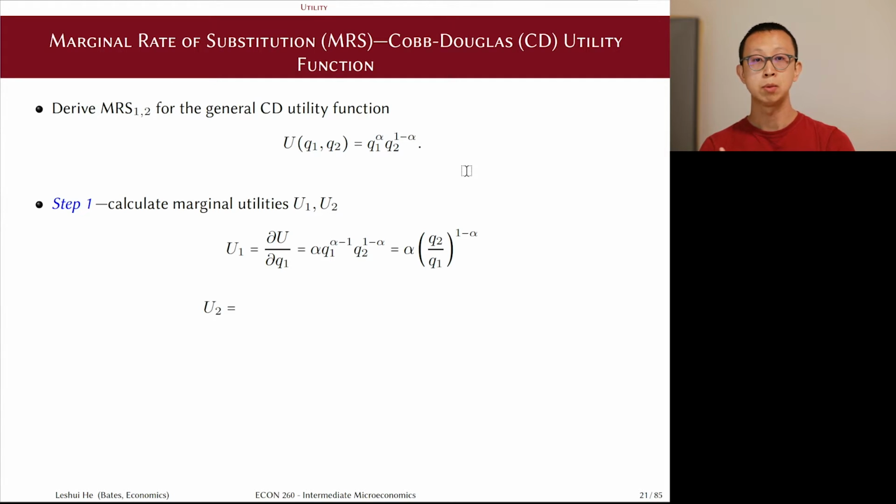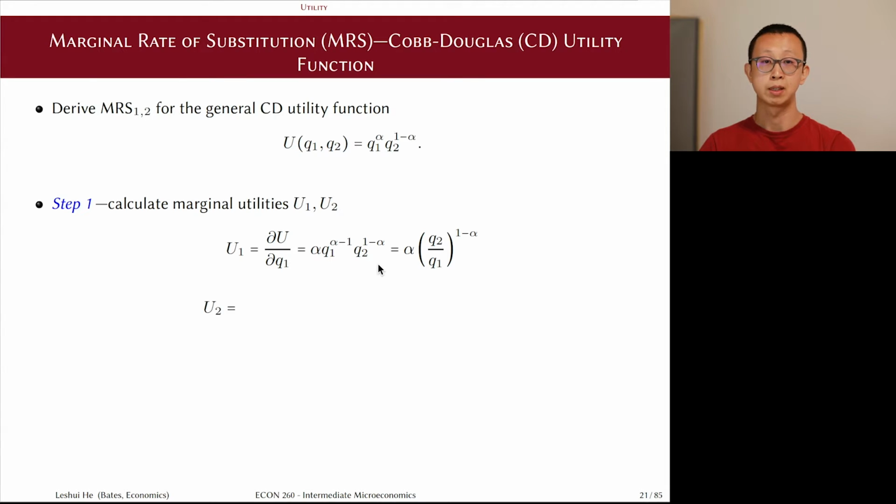However, we simply need to remember that alpha is just some fixed number, just like the 0.3 we worked with, and the 0.5 that we have worked with previously. So now, by very similar means, alpha simply comes down off Q1, and the power on Q1 drops down by 1.